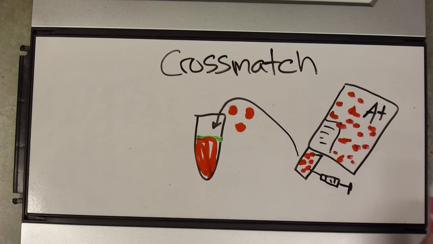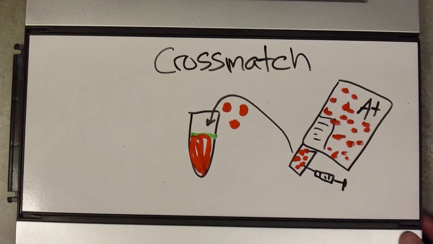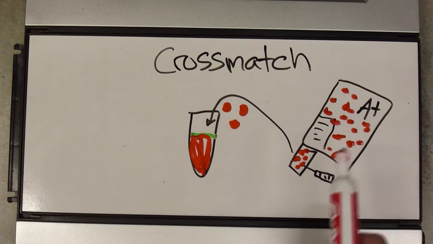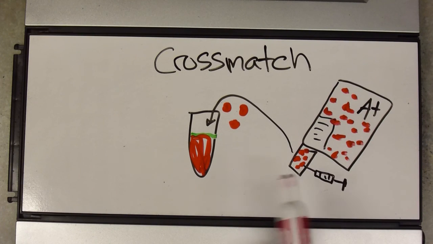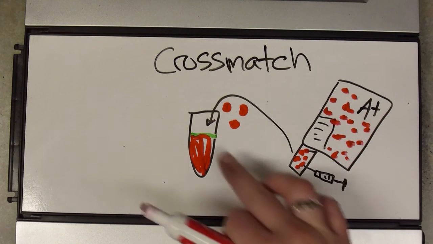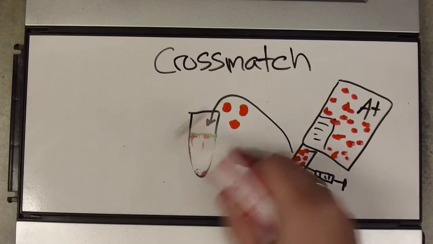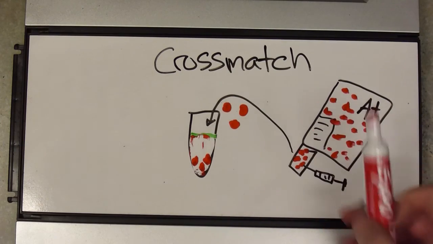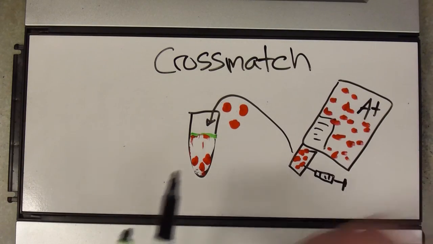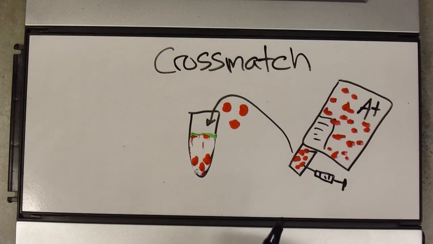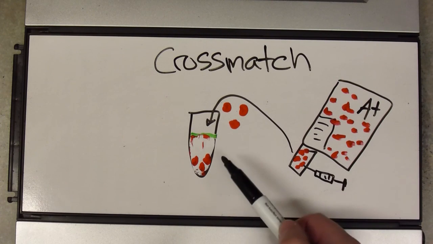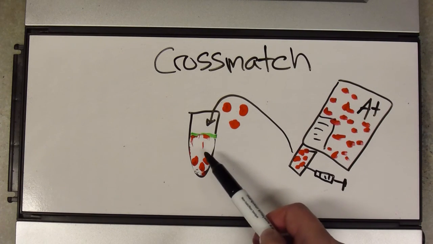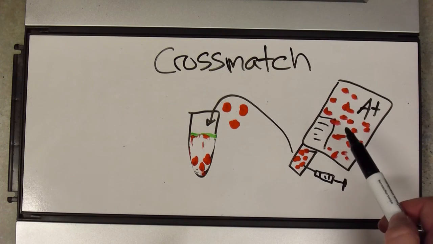So you only order a cross-match when your patient is going to need to be transfused within the next 24 hours, because this blood unit is taken off the shelf, put aside, it's not available to anybody else, it's taken out of the pool. If, however, we tried to test this unit and the result was agglutination, again, after we add our anti-human globulin to bring it all together, then we would say, oh dear, there's an antibody in this patient's plasma against some sort of antigen on these red blood cells.